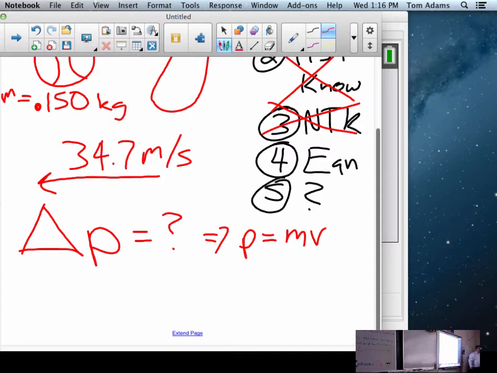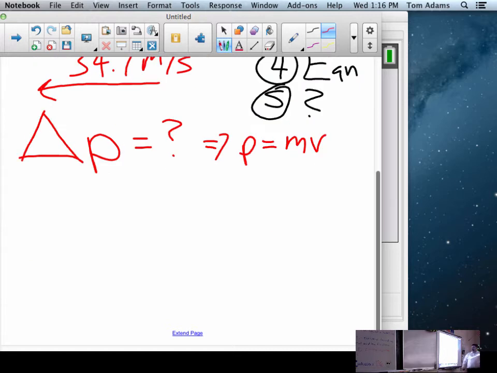Okay, we know that. And we have a change in momentum, technically because we have a change in velocity.